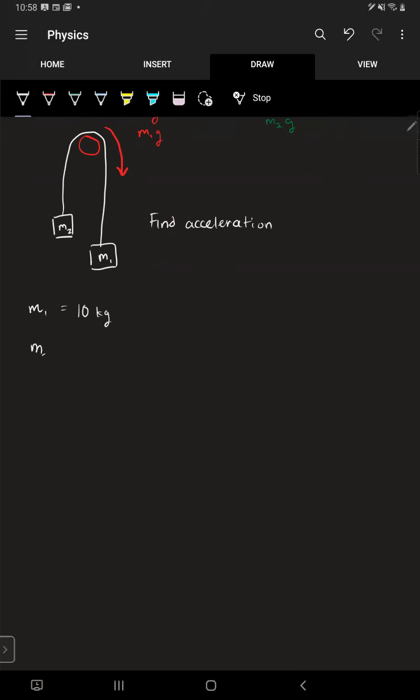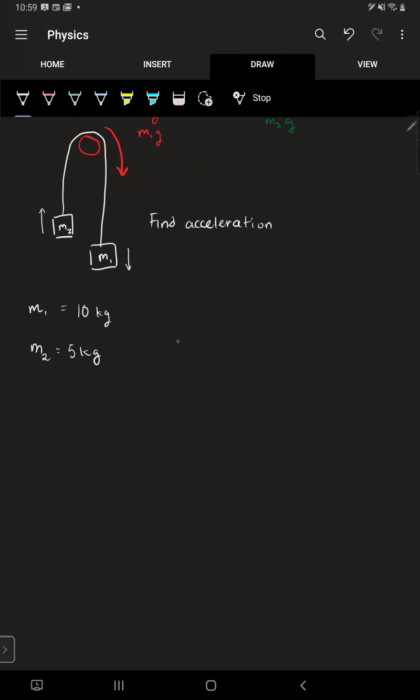And let's say M2 is equal to 5 kilograms, right? Well, let's see for each block, we know that we have an acceleration that's going to go down for M1 and up for M2. Okay.